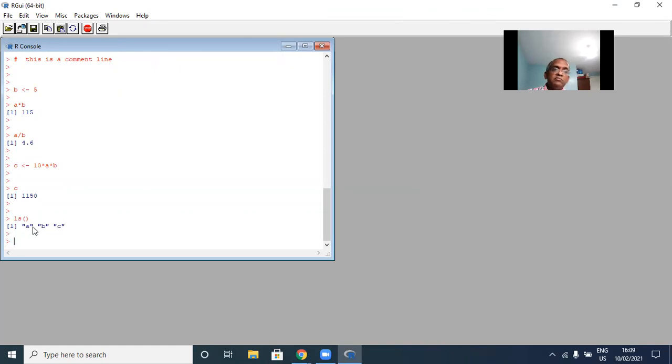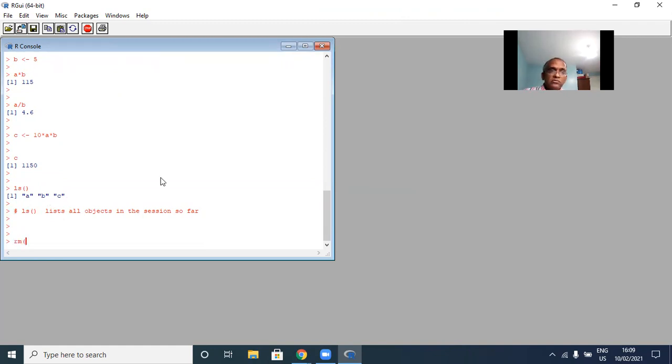So ls basically lists all objects in the session so far, right? So the objects that you created so far are A, B, and C. So it lists the 3 objects A, B, and C.